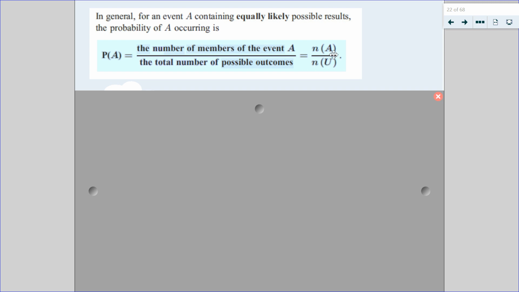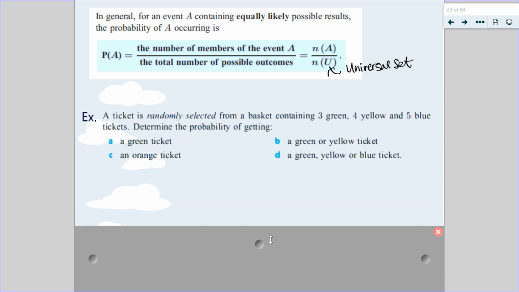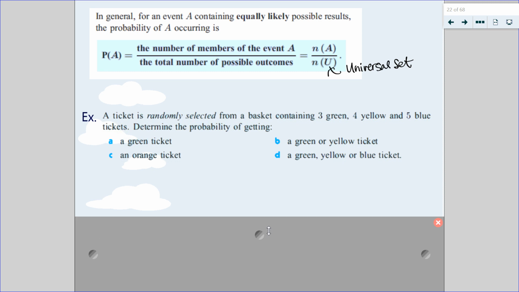So the number in U, and U is just kind of the universal set. That's what they're using the U for. So that's like all of the different outcomes. And n is just used as the number of. So that's that formula.